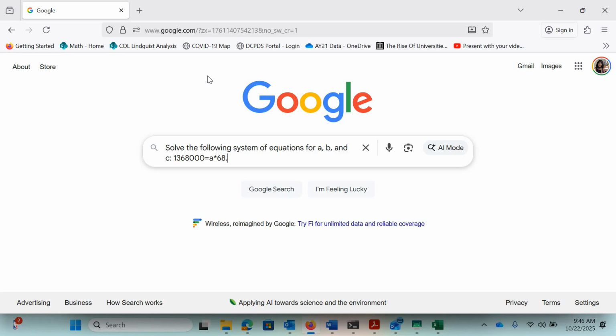This is why I said don't bother multiplying anything out, because I'm just going to have the computer do all the math for me.